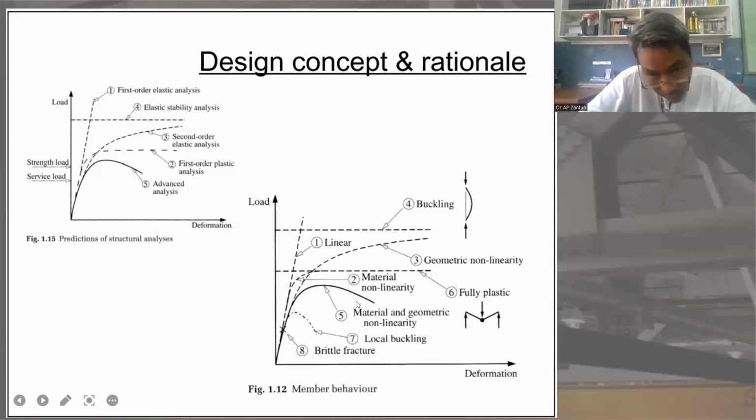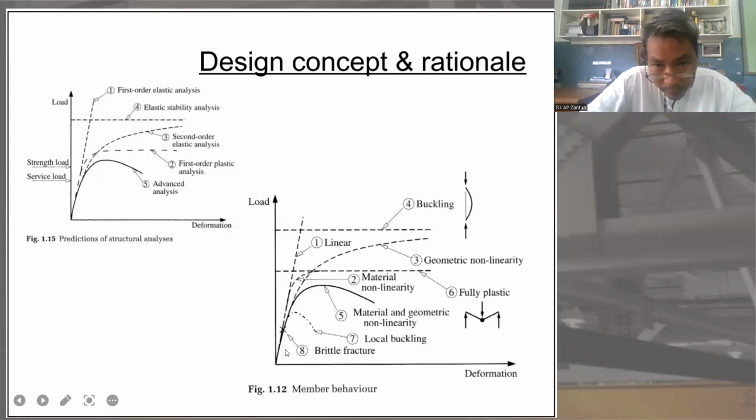And when we are talking material, that is material and geometric non-linearity. And number 6, in addition, we have fully plastic. Take note, the elastic stability and the fully plastic model here.